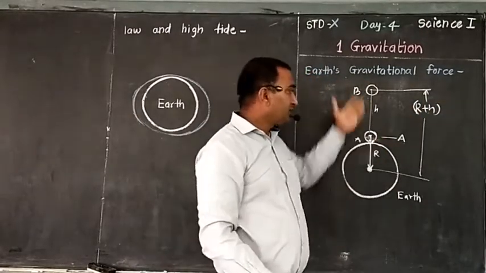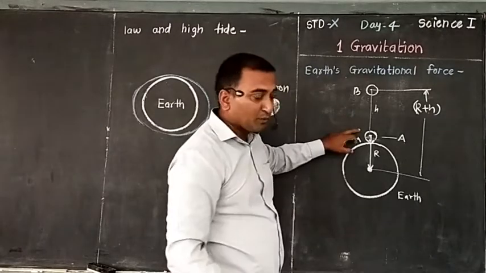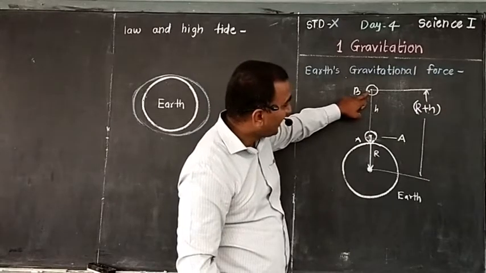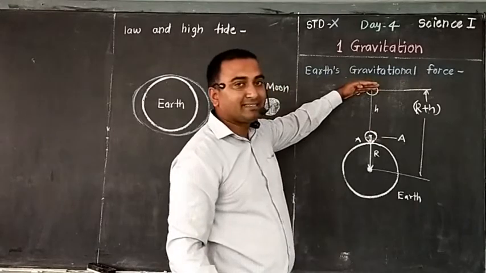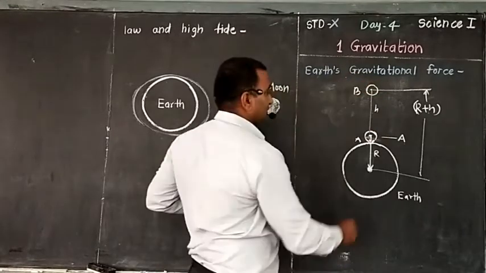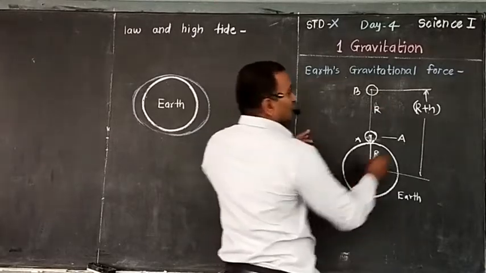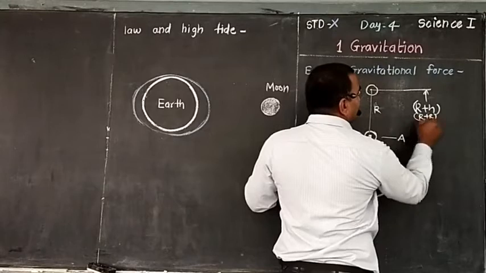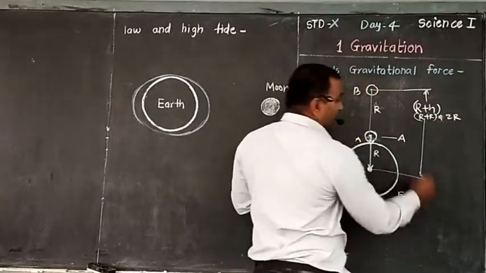Then what is the force in between? Is the force the same on this object? No. Suppose the object is at point B. This distance is R, and again R distance we have increased, so totally R plus H means R plus R, that is now 2R.